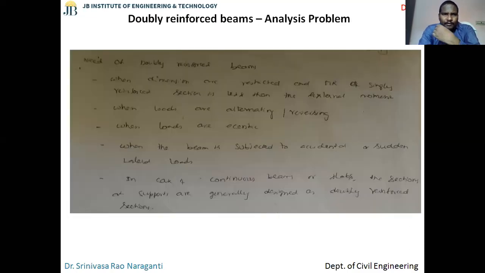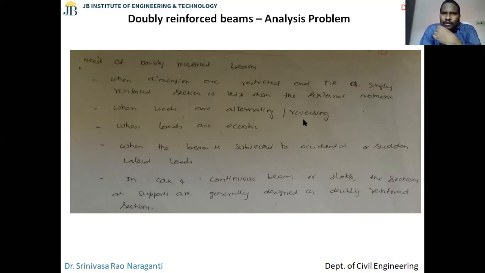Now let us see the circumstances when we go for doubly reinforced beams. One is when the dimensions are restricted, because we want a clear floor height or there are other site restrictions where we cannot increase the depth or width of the beam. Another is when the moment of resistance of a singly reinforced section is less than the external moment.